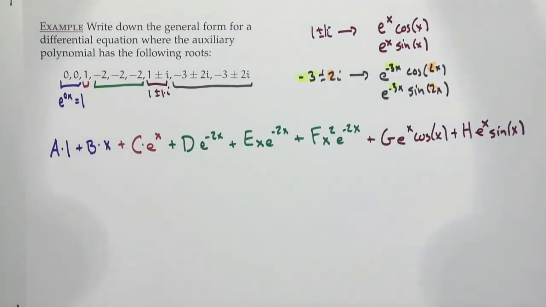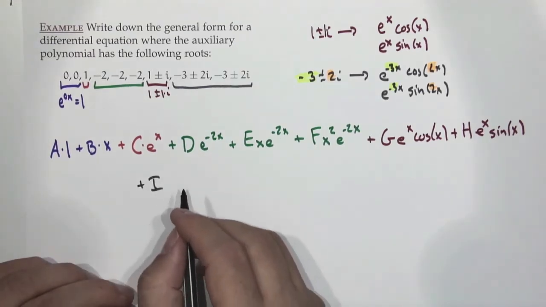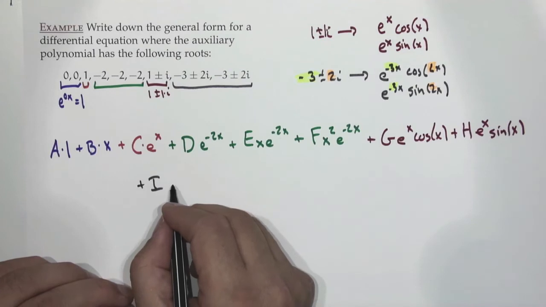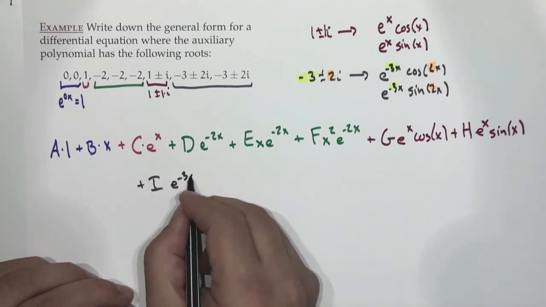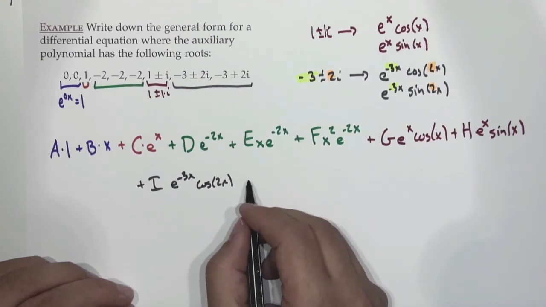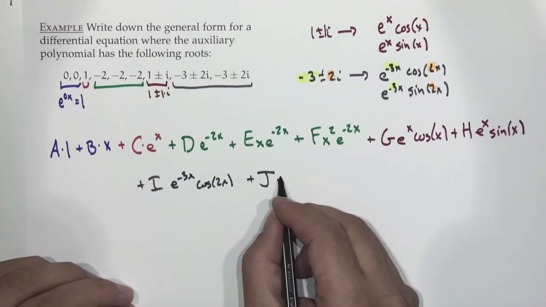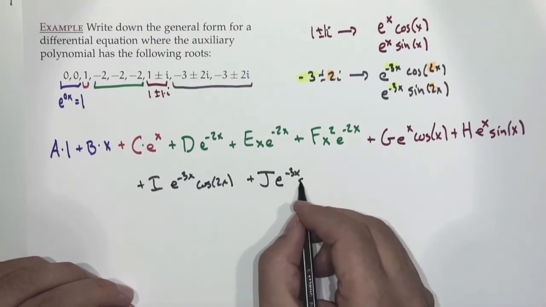All right, so what's next? Yeah, plus capital I of e to the negative 3x cosine 2x, and then j e to the negative 3x sine 2x.